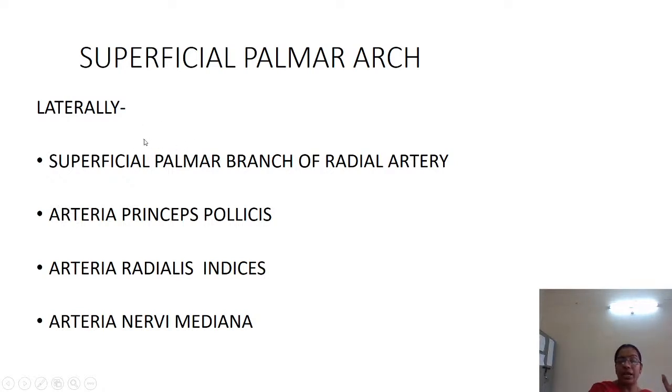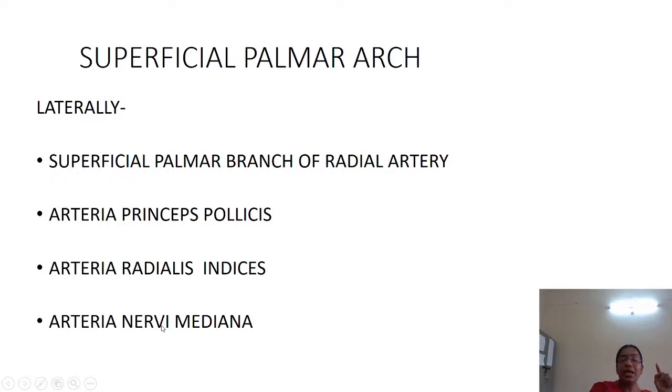The superficial terminal branch of the ulnar artery laterally joins either with the superficial palmar branch of the radial artery, or arteria princeps pollicis, which supplies the thumb, or arteria radialis indicis, the branch towards the index finger, or there is a nerve accompanied by an artery called arteria nervi mediana.